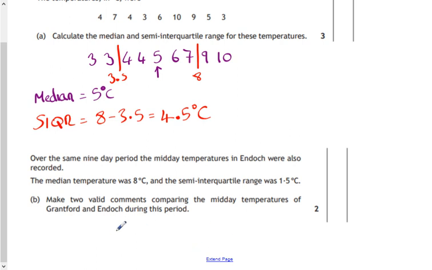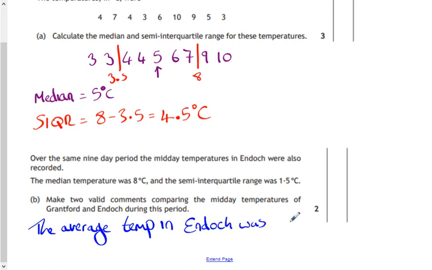So we could say then that looking at the median, the average temperature in Endok was higher.